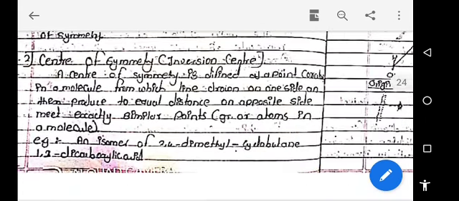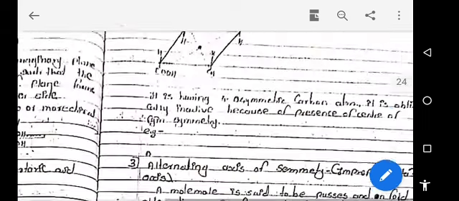Center of symmetry is defined as a point in the molecule such that a line drawn from any point on one side and produced to an equal distance on the opposite side meets exactly similar points. Here is the example.